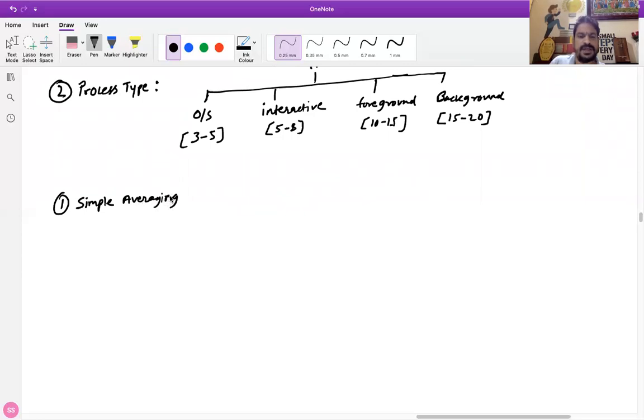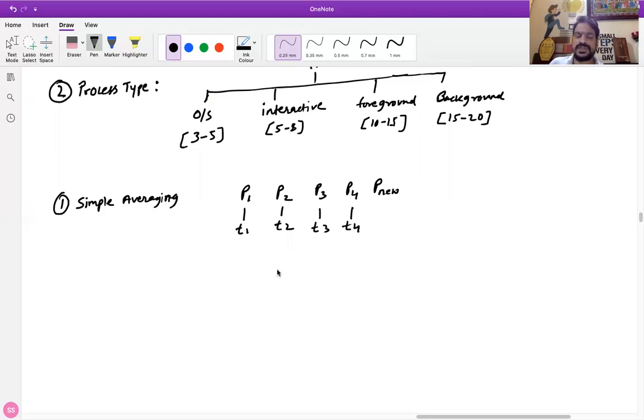Now what happened in simple averaging? In the simple averaging, let's say we have some processes P1, P2, P3, P4, and let's say it is a new process. We know that P1 has taken T1 time, P2 has taken T2 time, P3 has taken T3 time, and P4 has taken T4 time.